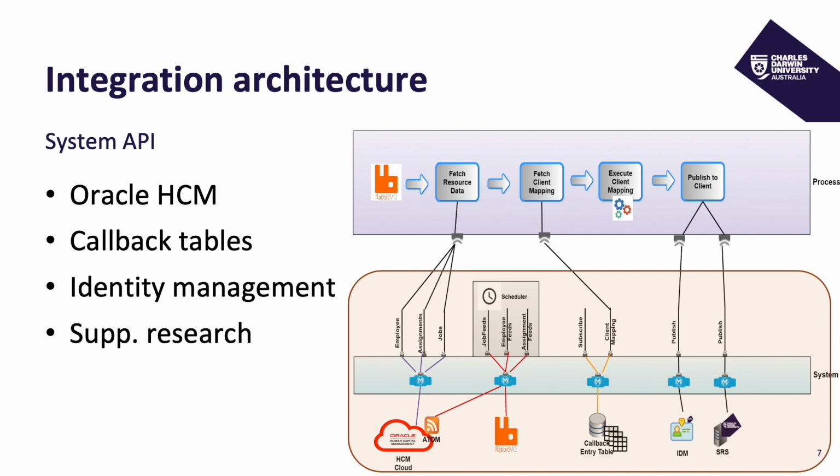Now, finally, we have our two subscriber systems or the downstream systems, and these are IDM, which stands for Identity Management, and SRS, which stands for our Supplementary Research System. We are abstracting the connections to these subscriber systems using their own individual system APIs. We are doing this for better security and granularity.